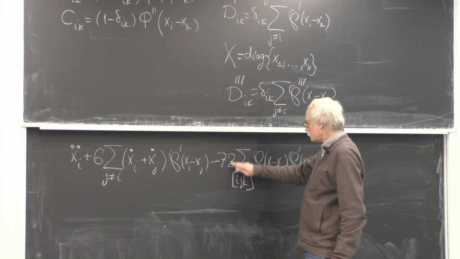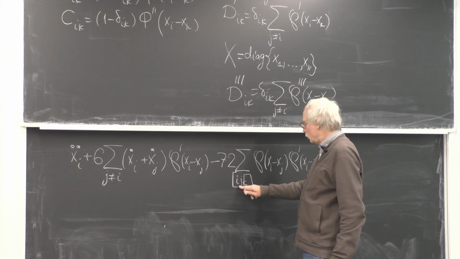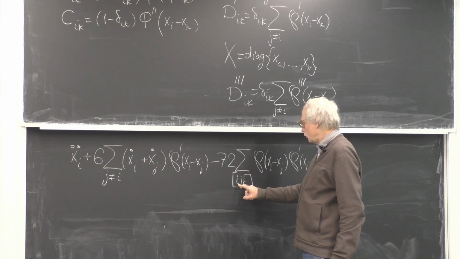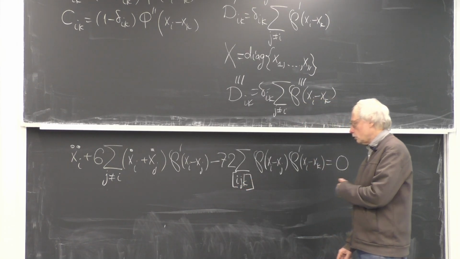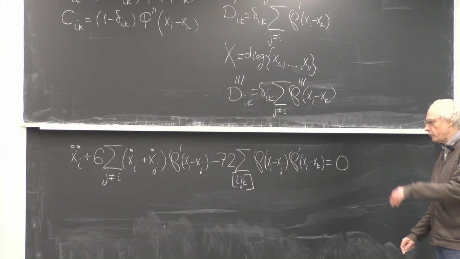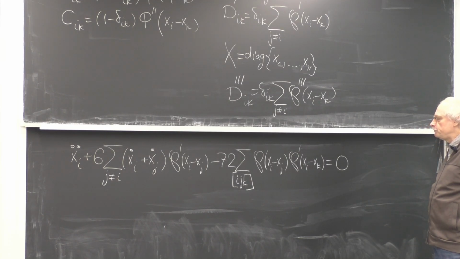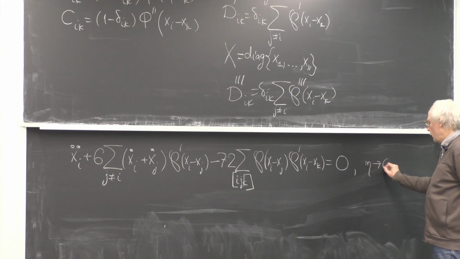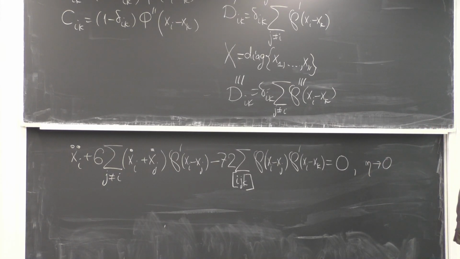This sum is taken over all different indices. This notation means that i, j, and k are all distinct, from 1 to n. And in fact, this equation can be obtained as the limit eta to 0 from the deformed Ruijsenaars-Schneider model.